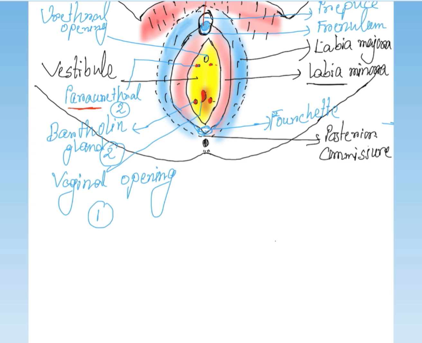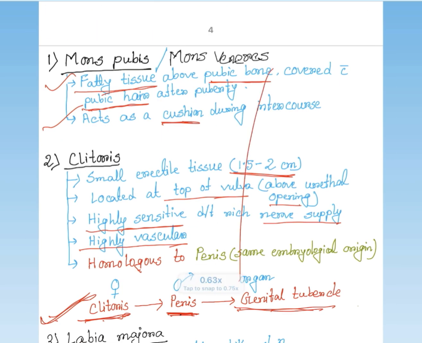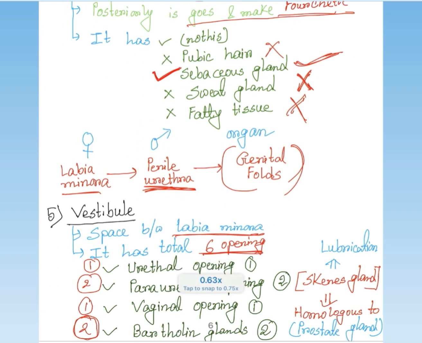Okay, and what you need to remember is that this is the entrance of the vagina. During sexual intercourse, the penis enters through this vaginal opening, and it is situated just below the urethral opening.